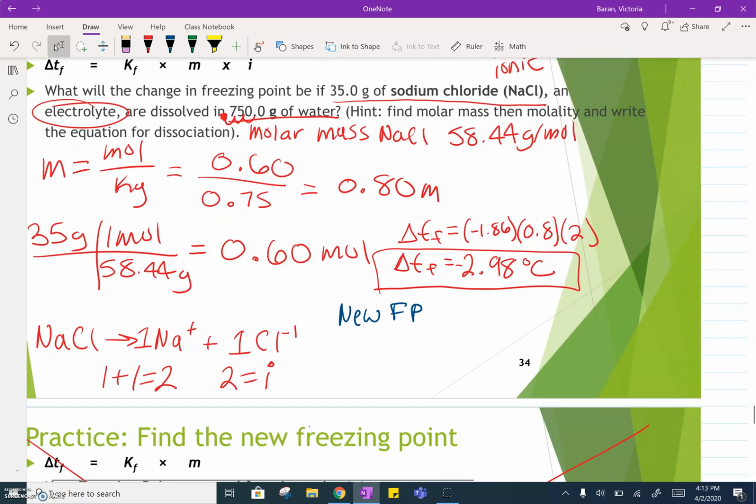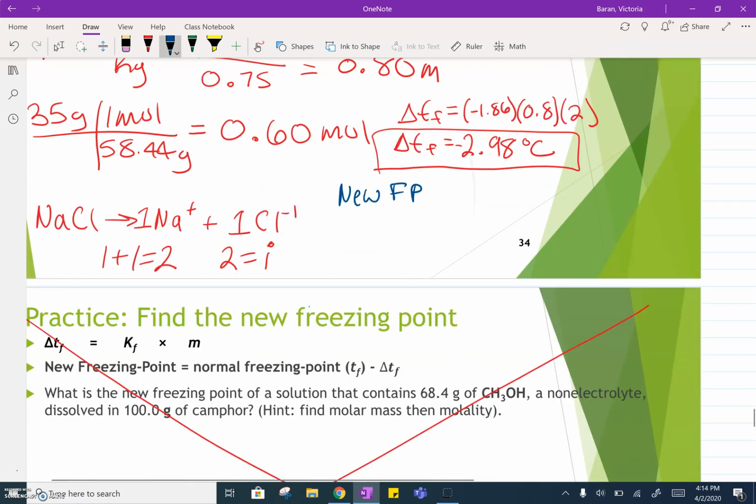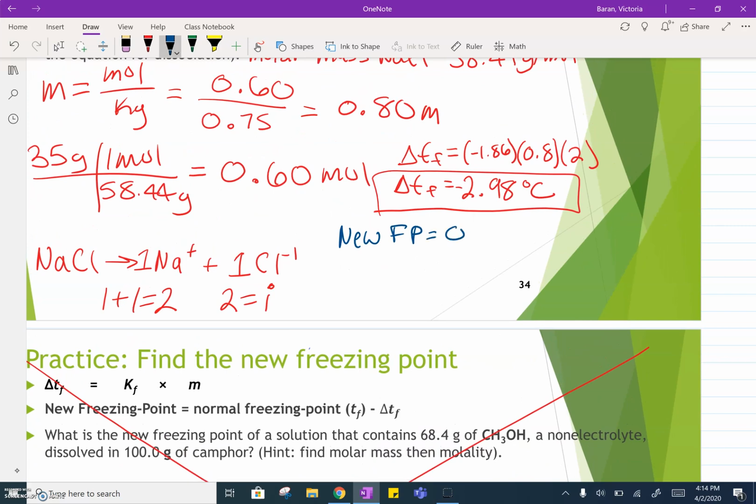The normal freezing point of water, if we look at this chart, is 0 degrees Celsius. So you would simply do 0 minus 2.98. Make sure that's a positive value. So you will get negative 2.98 degrees Celsius.